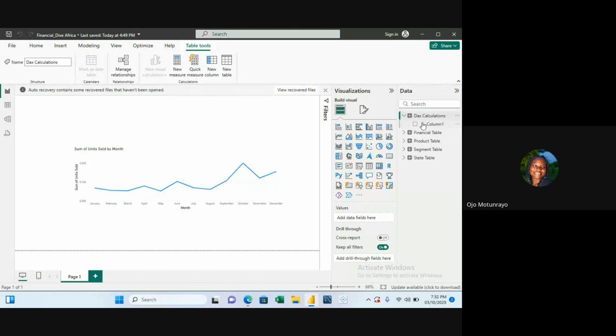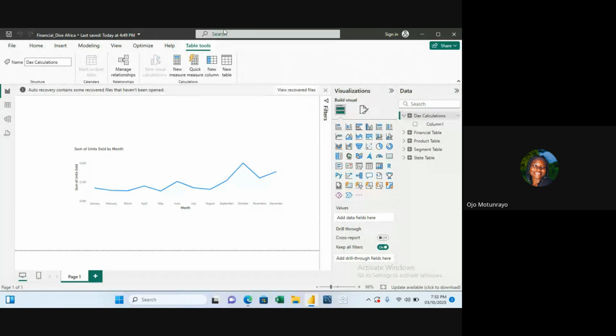So let's just go to our DAX calculation. You can see that if you check my screen, it's actually the part for DAX calculation. So that means I've already clicked on it.